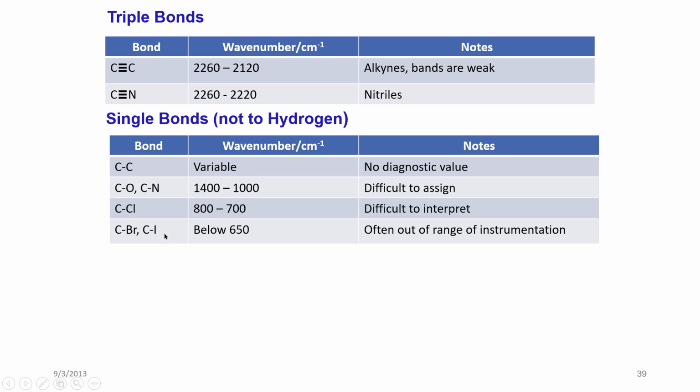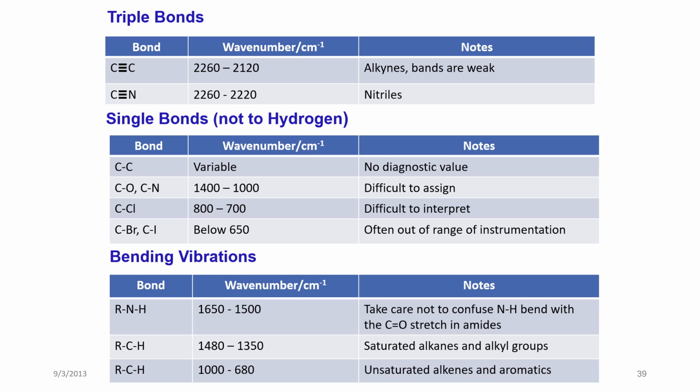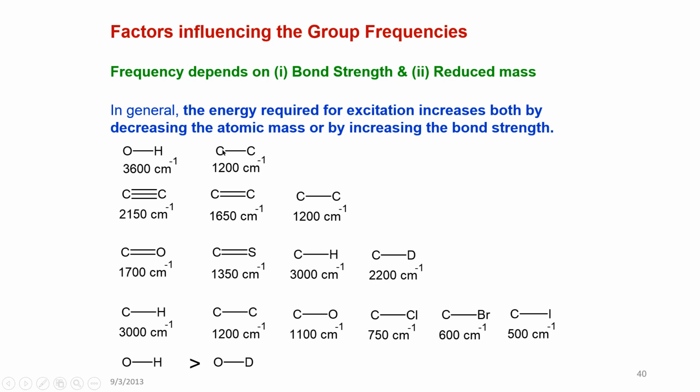Then, in case of the halogens, chlorine, bromine, and iodine, you can see here that as the atomic mass increases, the peak value is decreasing. Usually, the stretching frequency will occur at higher values than the bending vibration because more energy is required for stretching than for bending.